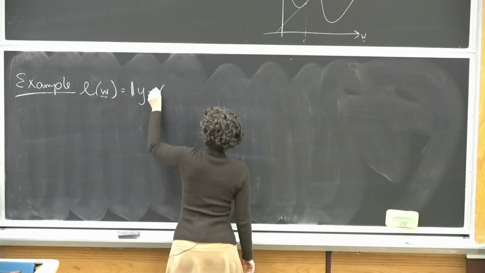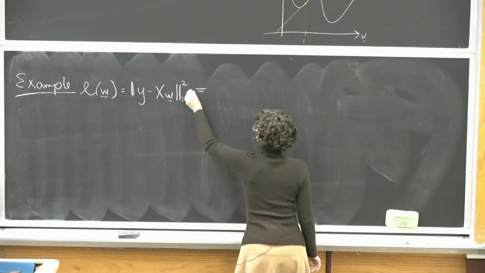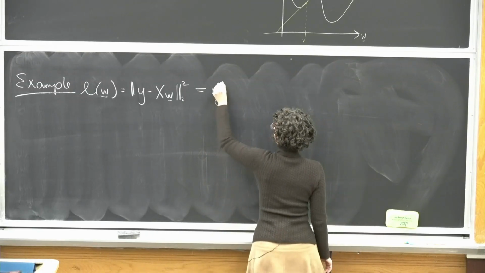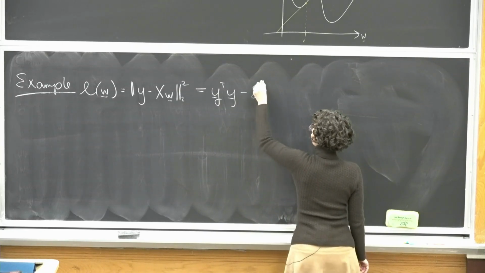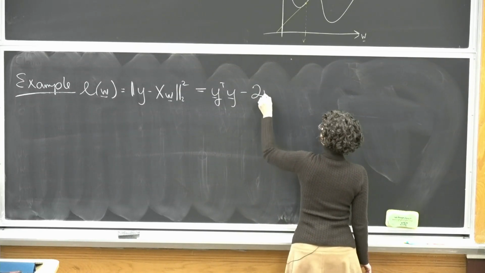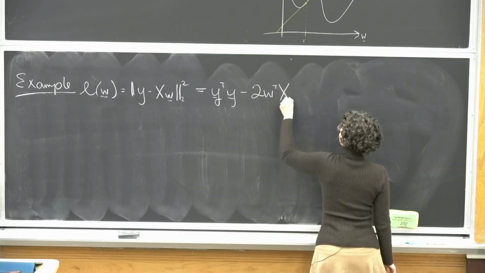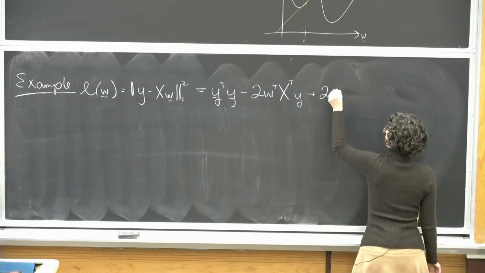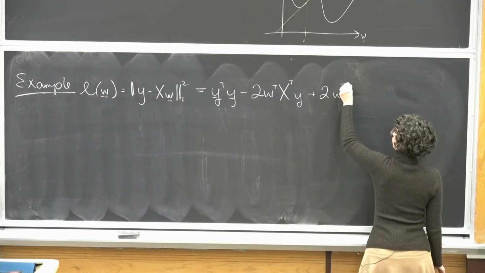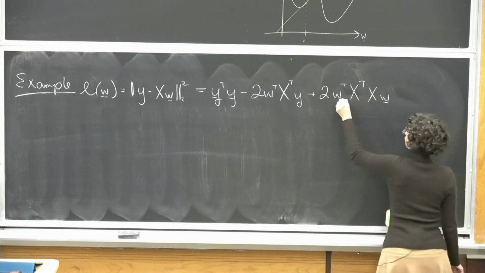Okay, so we've got the norm of y minus Xw squared, and if we FOIL that out, we've got y transpose y minus 2 w transpose X transpose y plus w transpose X transpose X w.